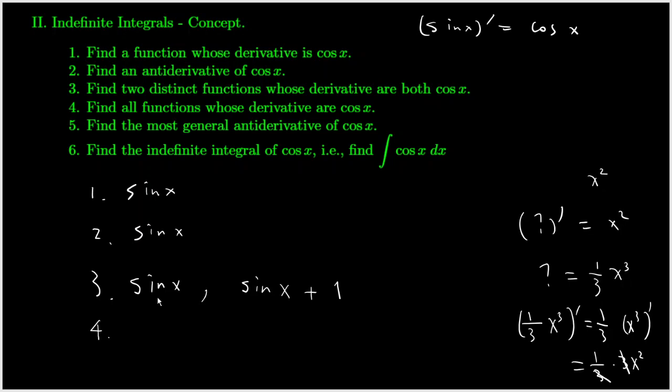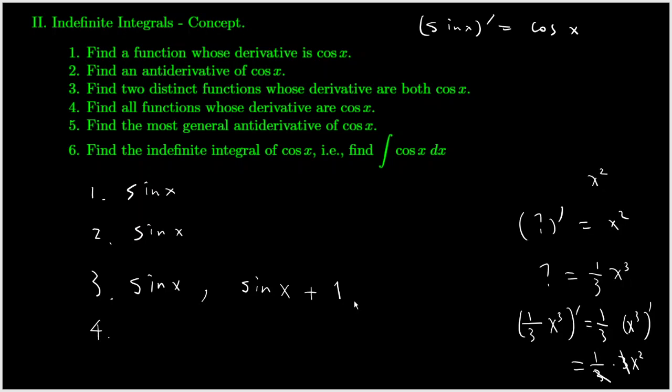Anybody want to tell me the answer? From question 3, I think you can guess the pattern. Sine of x is one of them. Sine of x plus 1 is another one.